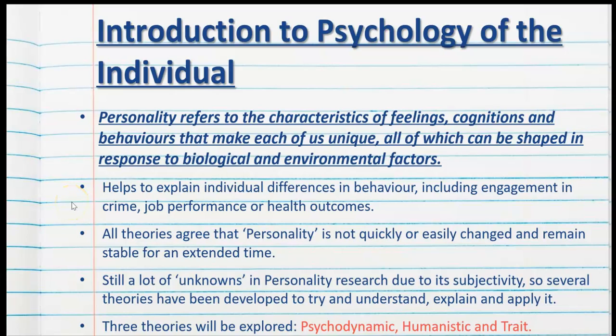Those of you that did Year 11 psychology with me will know that certain personality types are more likely to commit crime. Job performance relates to traits such as conscientiousness and determination and so on. And of course, health outcomes. People who tend to be more neurotic or stress out more don't live as long because they're putting their body under more stress because of their personality.